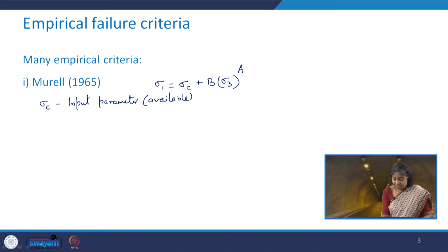Basically, sigma c was the UCS of the intact rock, and b and a were the parameters for the criterion.